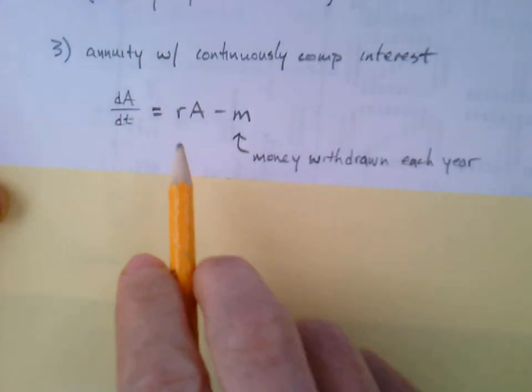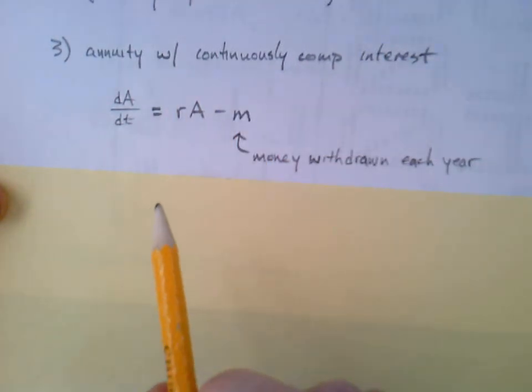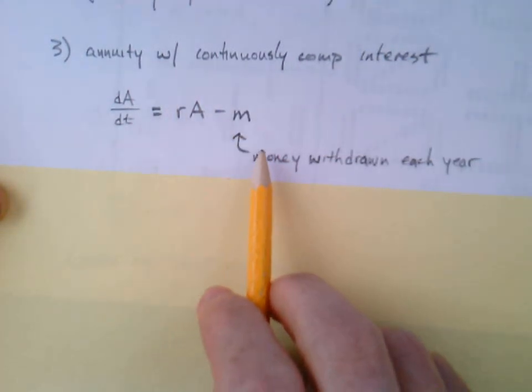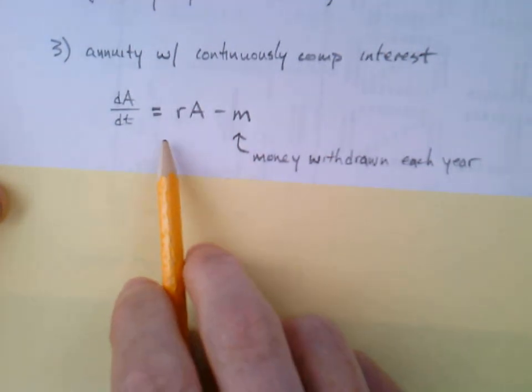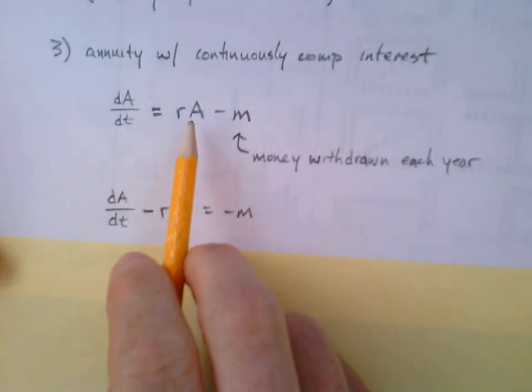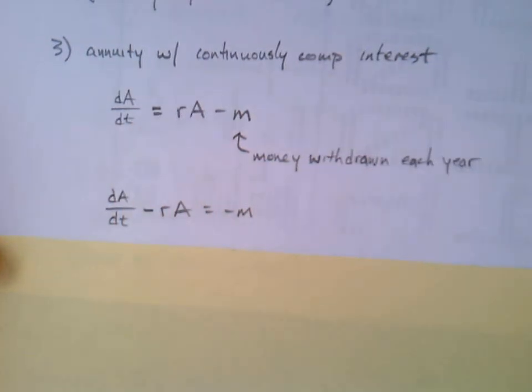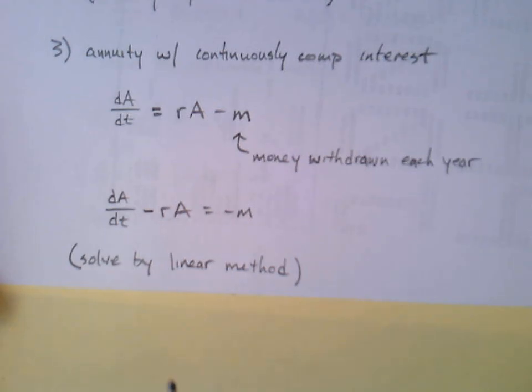So your money is gaining interest, right? R times A is the interest that it earns. But then you subtract how much you withdraw each year. Okay, so now we've got a very different differential equation. It's actually no longer separable, it's linear. It's not in the correct form yet. If we subtract that R times A, then it's a linear differential equation, right?